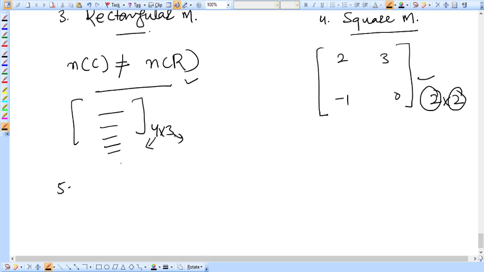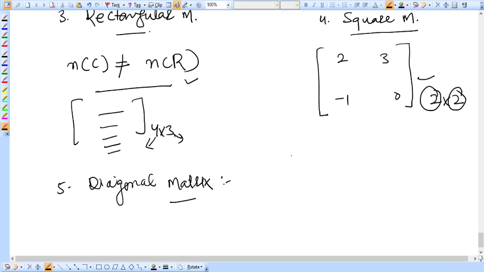A diagonal matrix is a square matrix in which all the elements except the diagonal elements are 0.